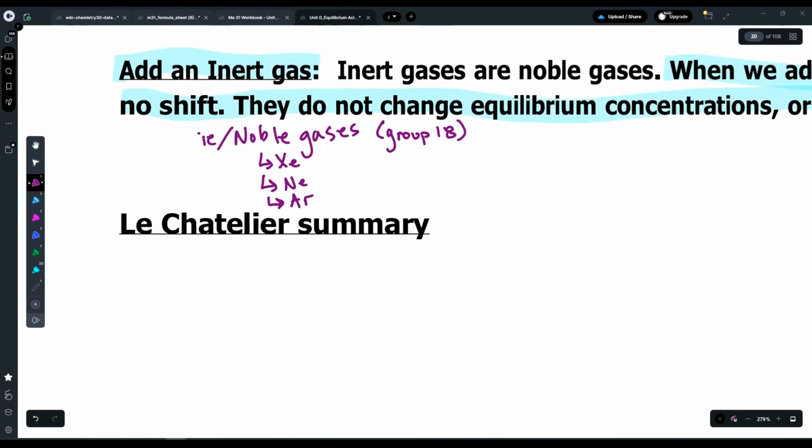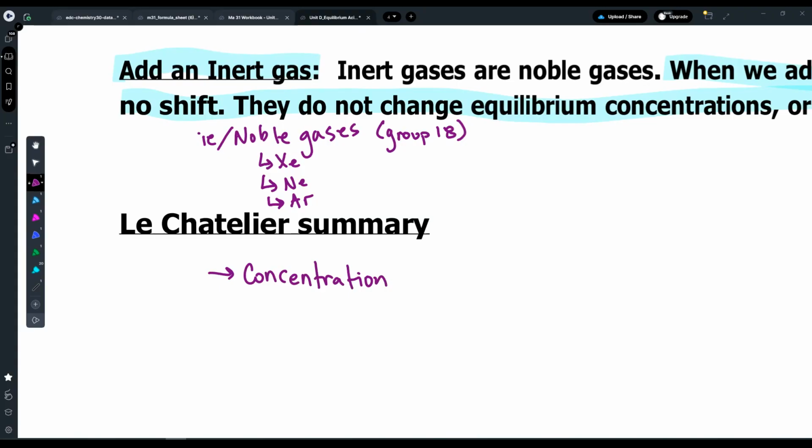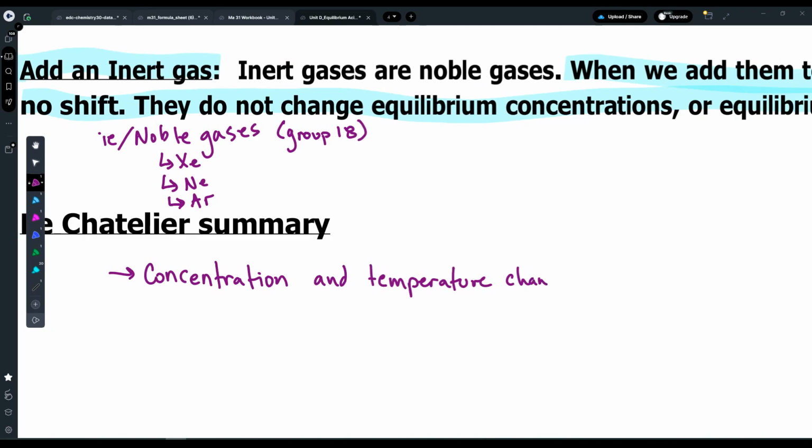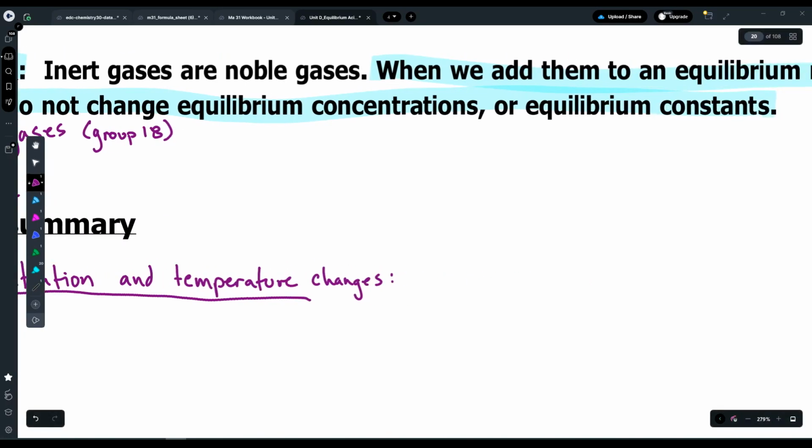Okay, now let's move on to our summary. So for concentration and temperature changes, those are going to be the ones where if you add to the system at equilibrium, the equilibrium will shift away.